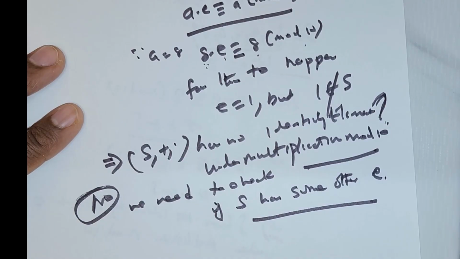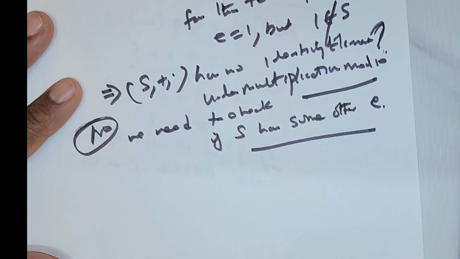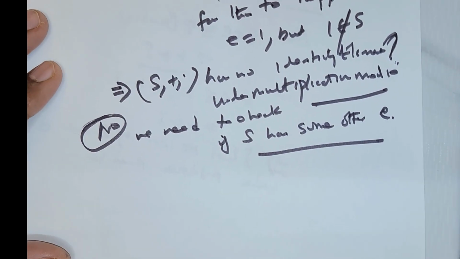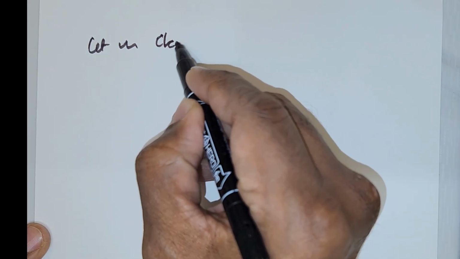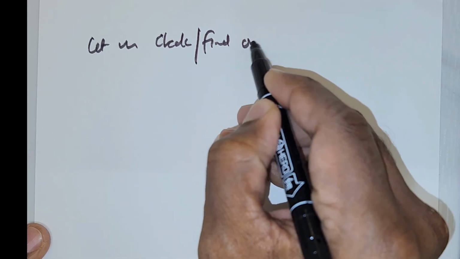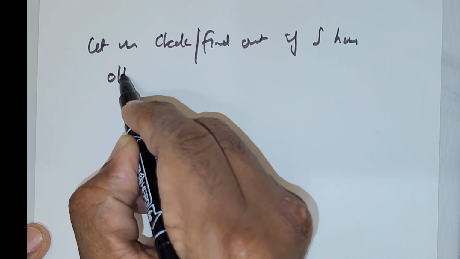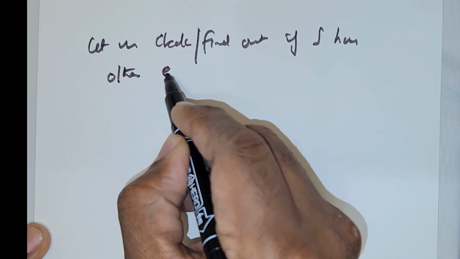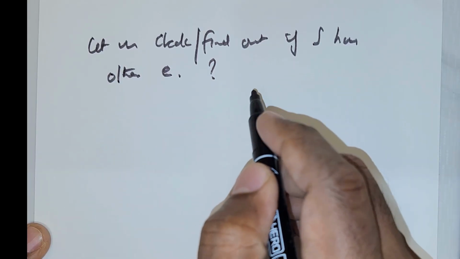Now what I wish to do is to go back and check that out. For that we need an illustration. So now let us find out if S has another E. This is the identity element check for S.